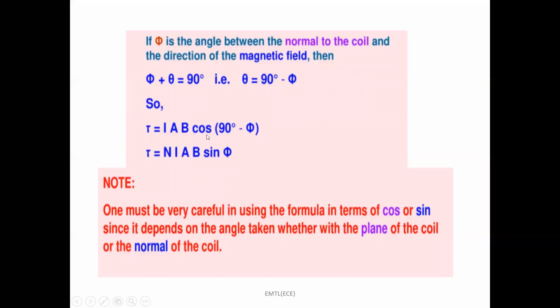That means theta and phi are complementary angles. So torque T is equal to NIAB cos of 90 minus phi. Cos of 90 minus phi is equal to sin phi. So torque T is equal to NIAB sin phi. Here cos and sin depend on the angle taken, whether with the plane of the coil or the normal of the coil.